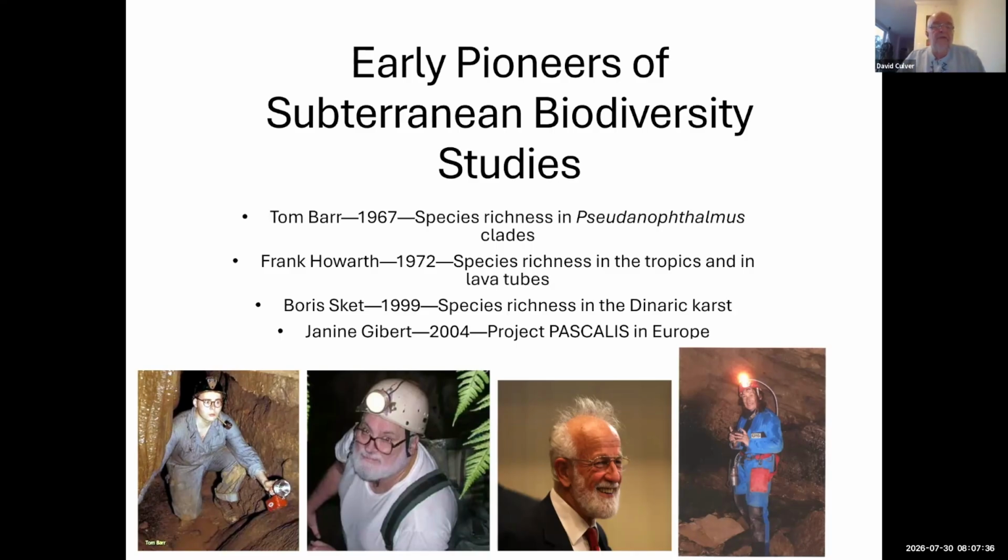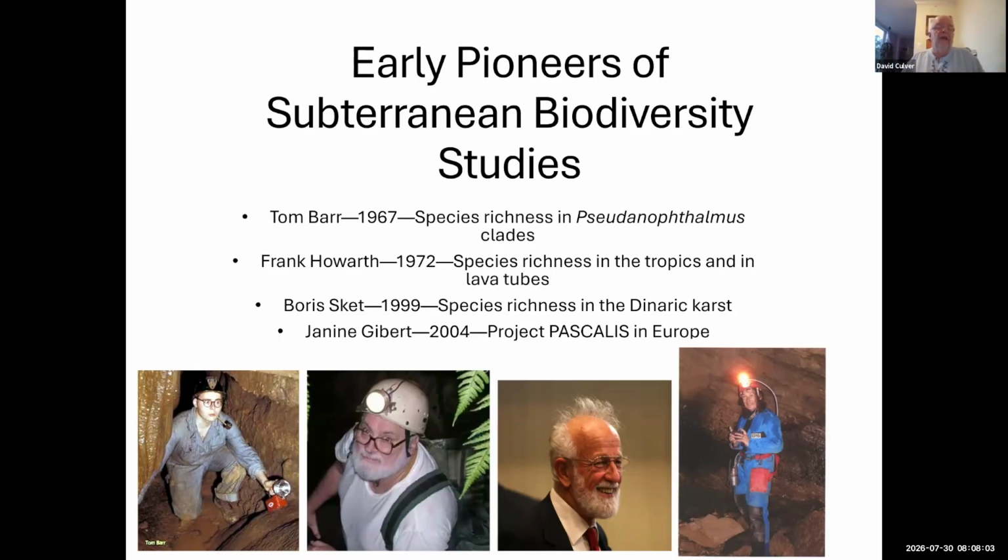Not so long after that, Frank Howarth pointed out that the Hawaiian lava tube fauna was very rich, and that this idea, which is very prevalent and still is, that it was the Pleistocene glaciation that forced species into caves doesn't work, because guess what? There was, for all intents and purposes, no Pleistocene in Hawaii.